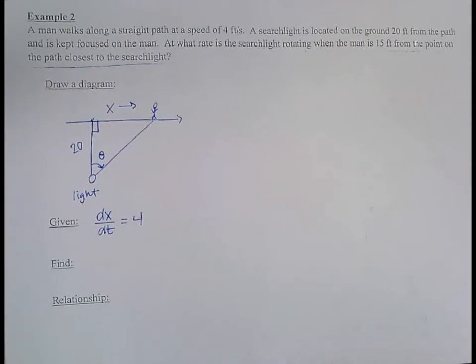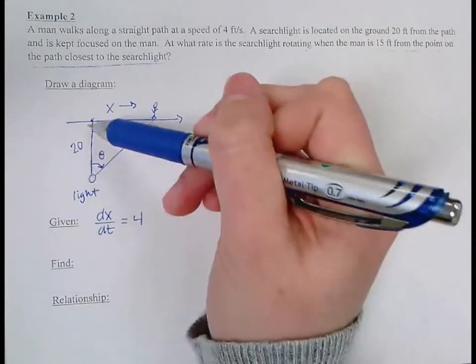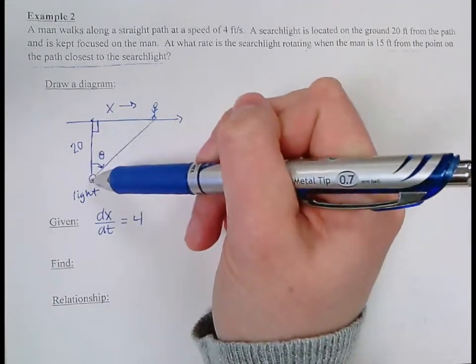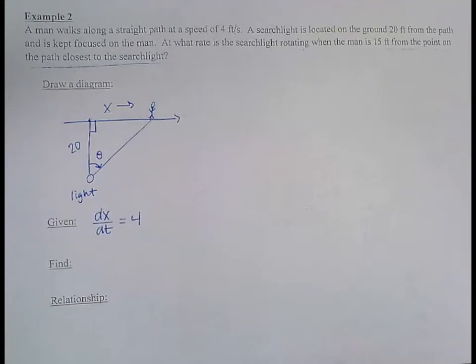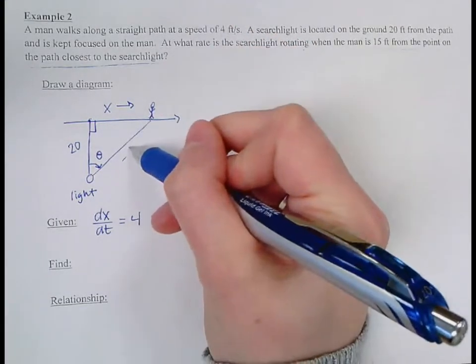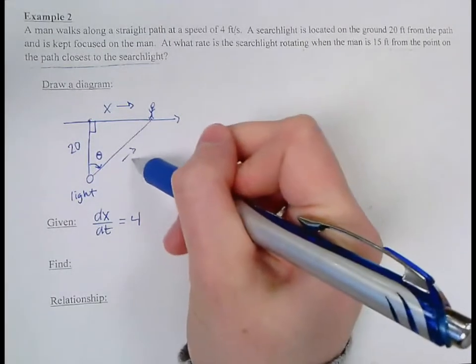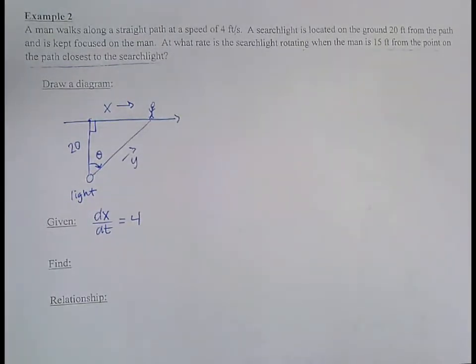Then the searchlight is located on the ground 20 feet from the path and is kept focused on the man. So this side of the triangle I drew is constant. That remains 20. This side is changing length. We'll see if we need that, because we could say this is y, because it is changing length.